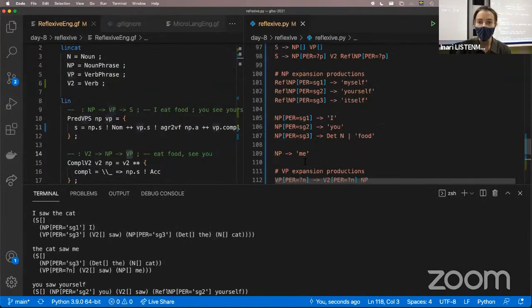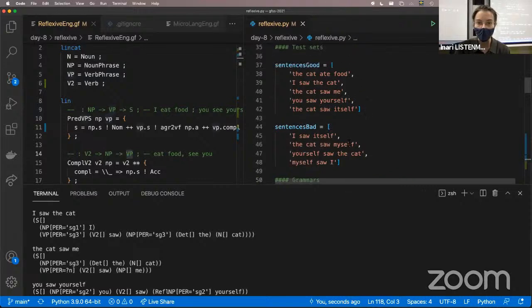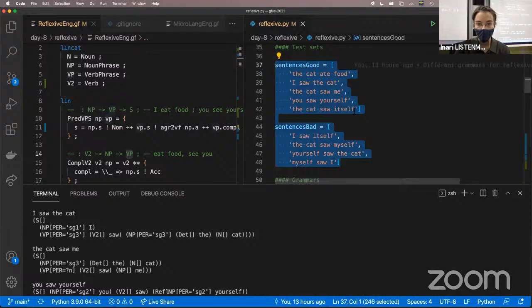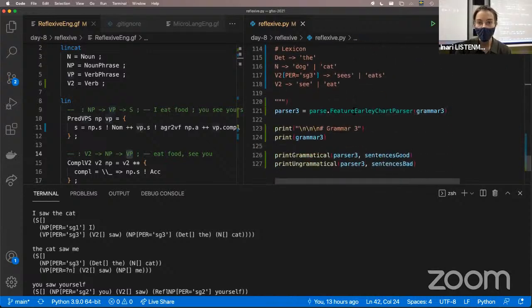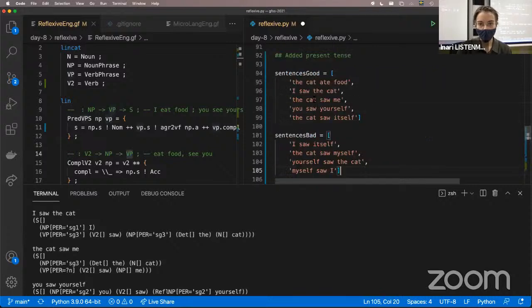So now let's take new sentences, good. Change the test sentences. C is itself.